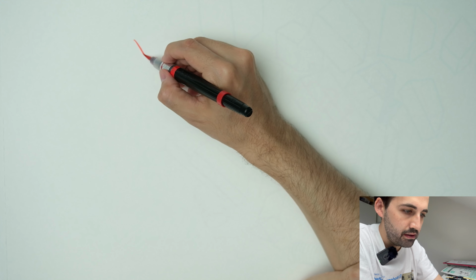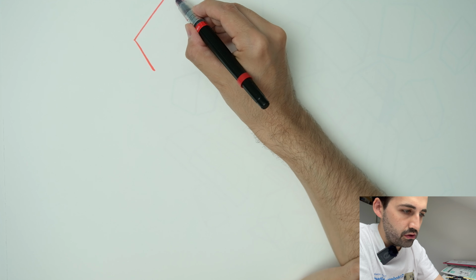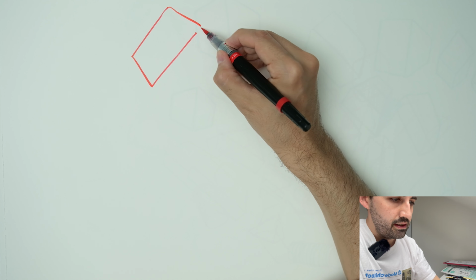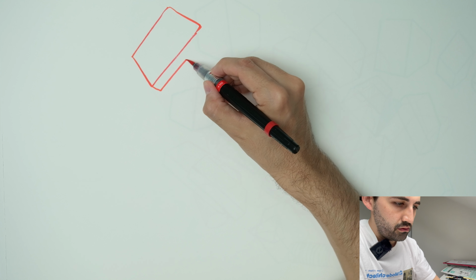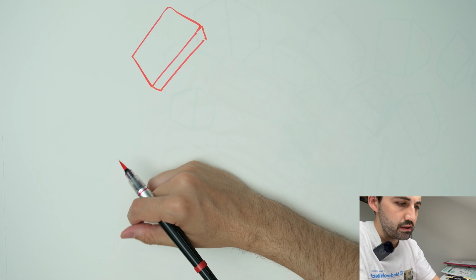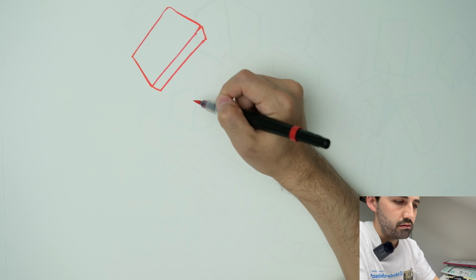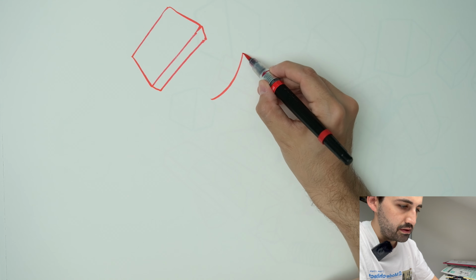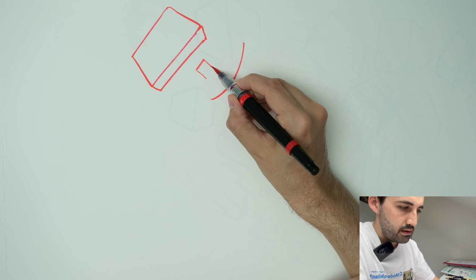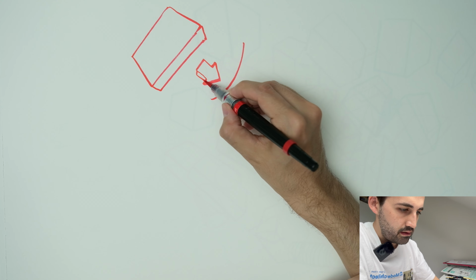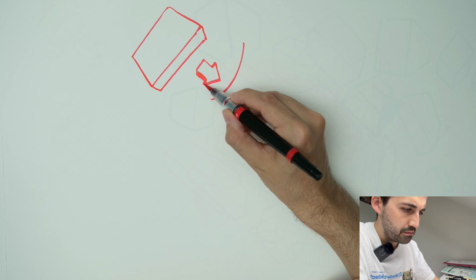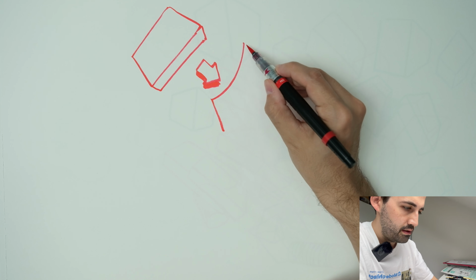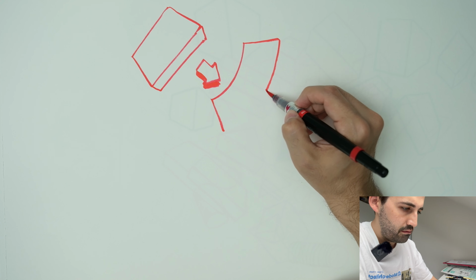Let's say you just drew a nice one of these, right? But you are aware that this object, and I like to draw some arrows to explain, this object right here, it can be bent.